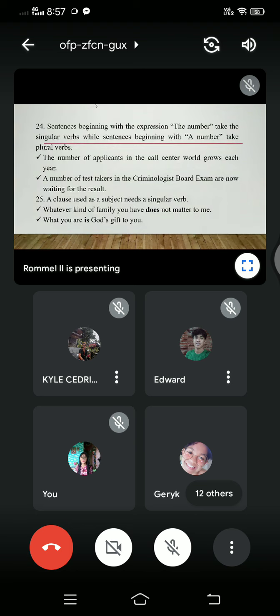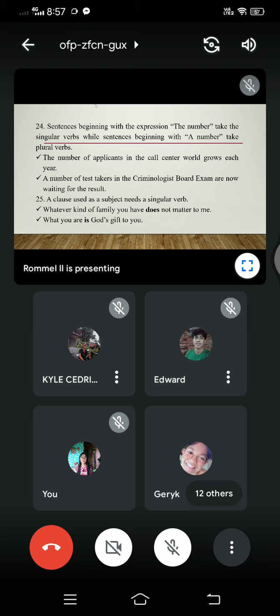Number 24. Sentences beginning with the expression the number take the singular verb, while sentences beginning with a number take plural verbs. The number of applicants in the call center world grows each year. A number of test takers in the criminologist board exams are now waiting for the result.